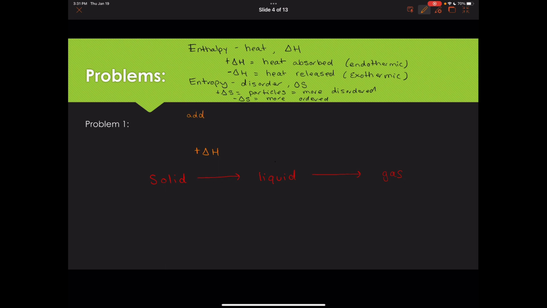So we add energy. Remember, we're doing so to break our intermolecular forces. So we're adding energy to break attractions. Now, as those attractions break, particles begin to move more.